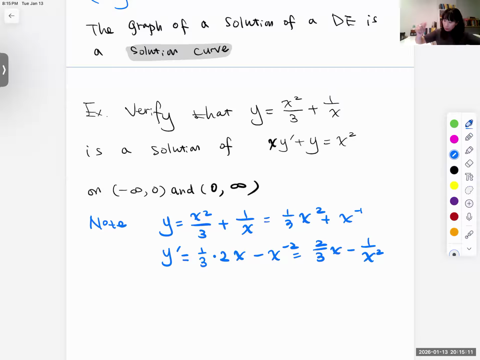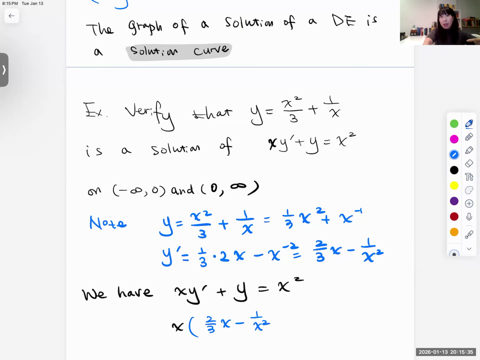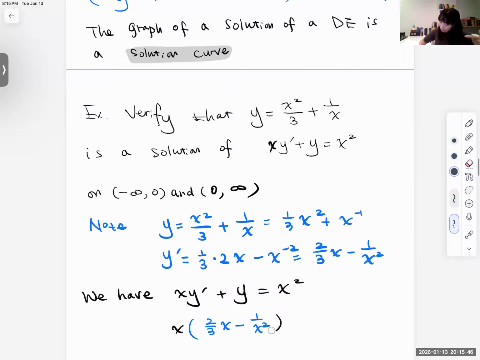Now we have x y prime plus y equal to x squared, right? So we check that. x times y prime, which is 2/3 x minus 1 over x squared, plus y.